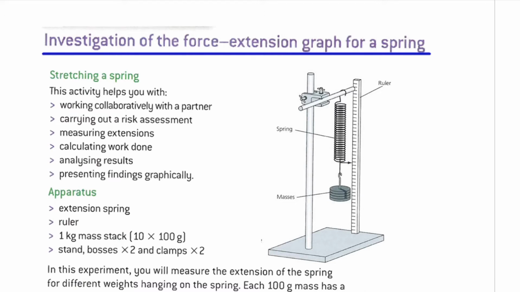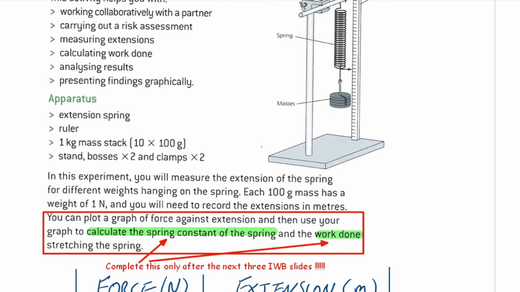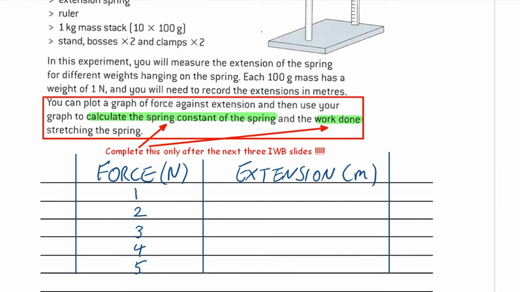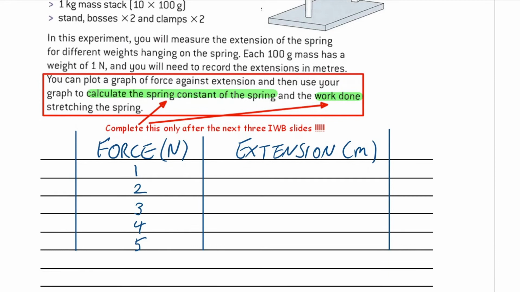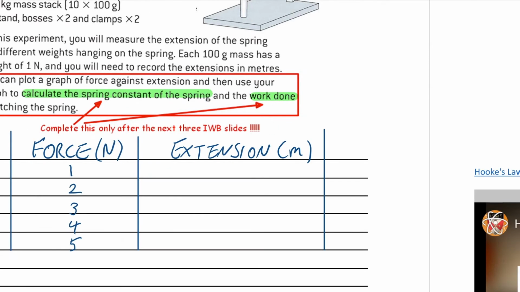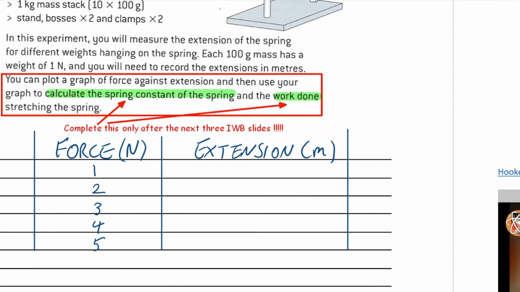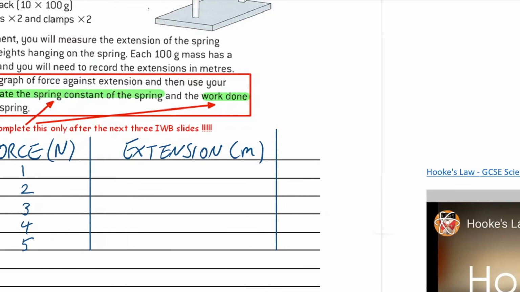You plot a graph of force against extension, then calculate the spring constant as it shows underneath, and work done for higher tier. Now to do this, we're going to watch a video, but as we watch, I want you to record the extension of the spring for the different forces applied.